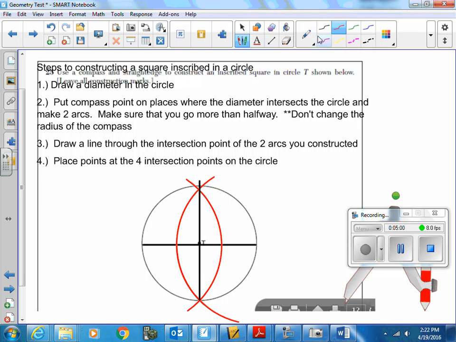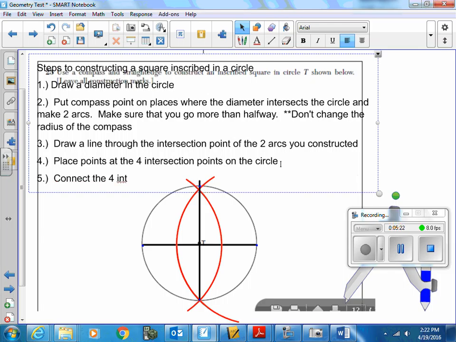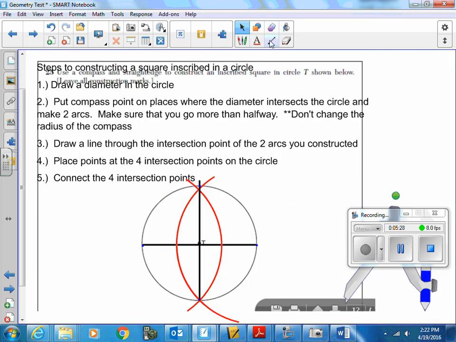So I'm going to go ahead and use a blue marker here, and I'm going to do an intersection point here, here, and here. All right, the last thing is connect the 4 intersection points. So I'm going to go ahead and do that, and that'll be our square.